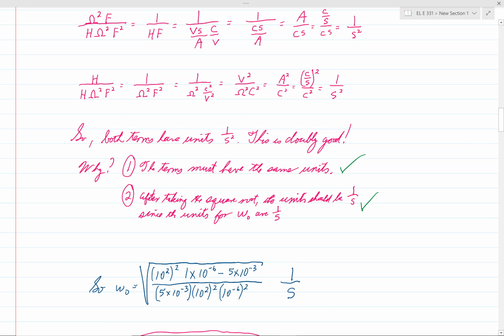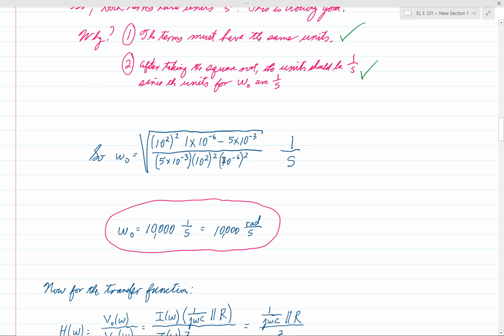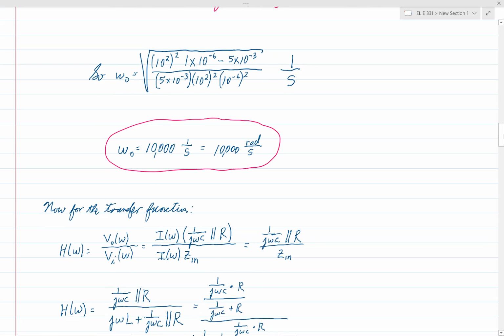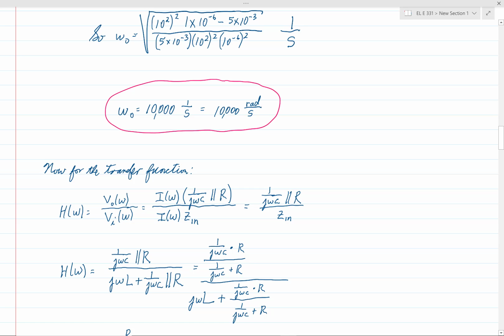And then we leave the numbers on the inside, and once we turn the crank on that, we get a final answer of omega naught is 10,000 inverse seconds, which, radians is not a real unit, so 10,000 radians per second is an equivalent expression for omega naught. So that is the first part of example 25.1.